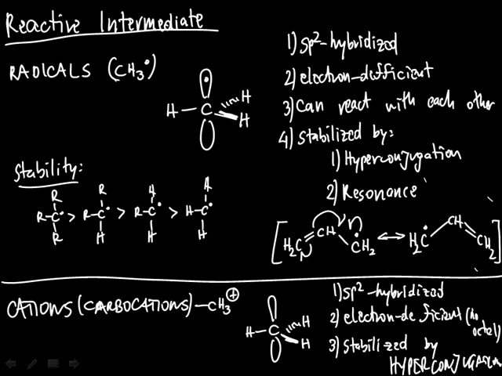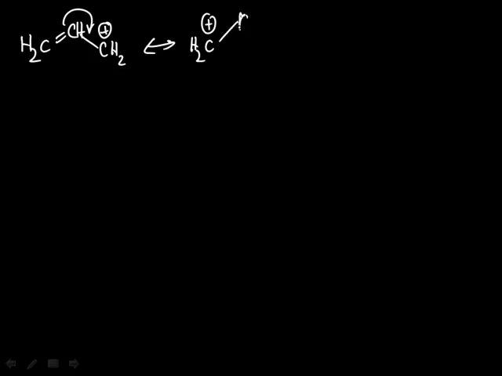Unlike radicals, cations are positively charged, so two cations will repel each other and they will not react with each other. So you can have a comparably larger concentration of cations in a solution than of radicals. They can also be stabilized by resonance, and to repeat the same example, this electron pair can now hop over and give a cation here while forming a double bond on this side.